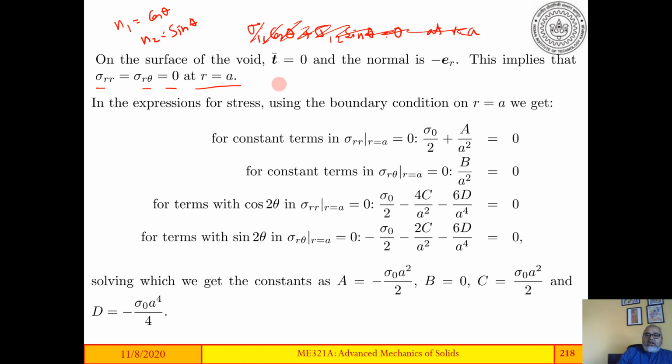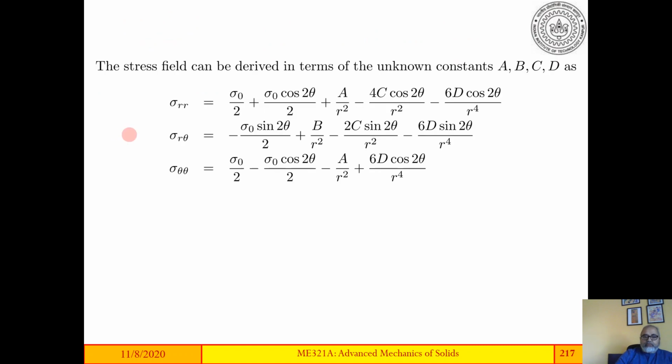Okay, so now we go back to this and we have sigma RR and sigma R theta equal to 0 when R equal to A. So we put R equal to A here and 0 on the other side.